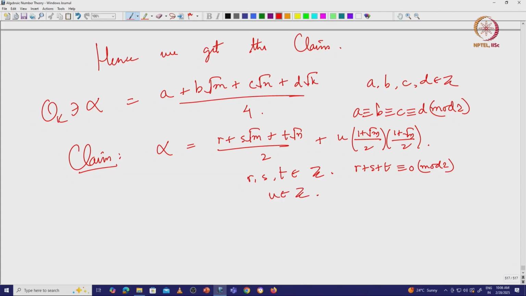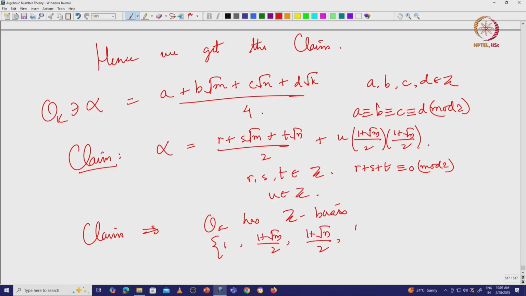All right. I will prove the claim in a moment, or at least give you some idea of how to prove it. But if we assume the claim, what does it give? The claim implies that O_K has Z-basis (1+√m)/2, (1+√n)/2, and (1+√m)/2 times (1+√n)/2.